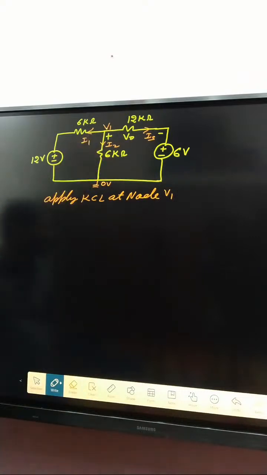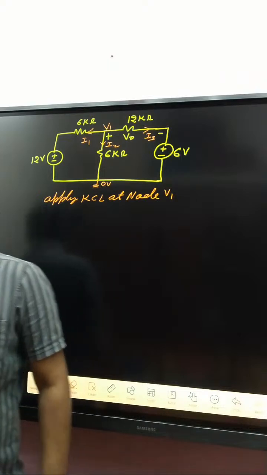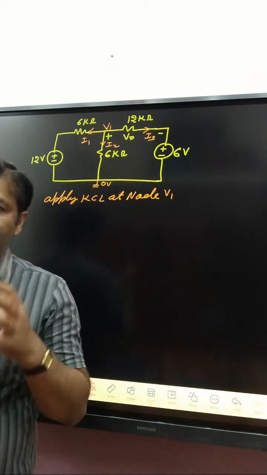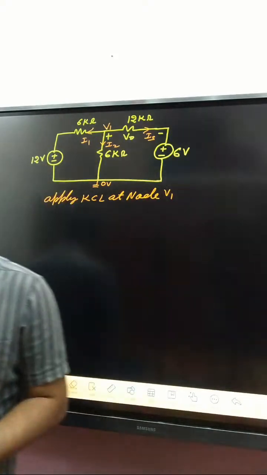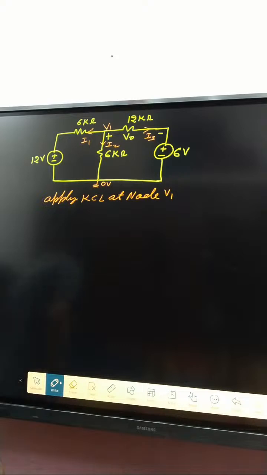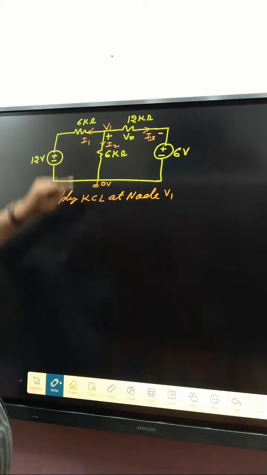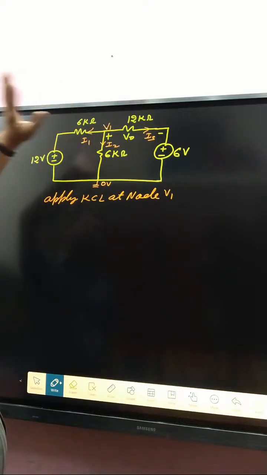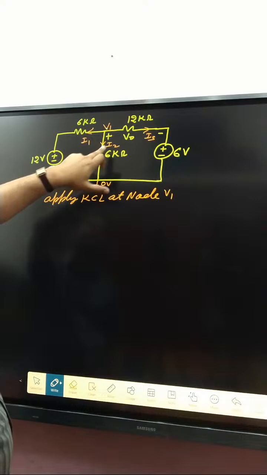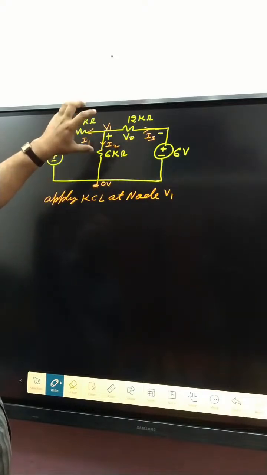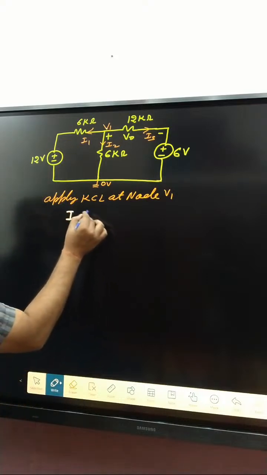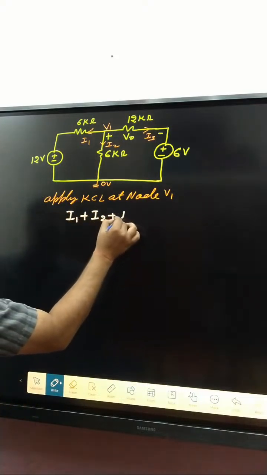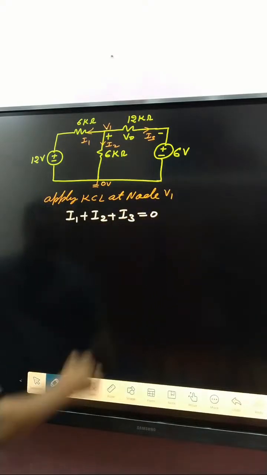KCL means the sum of incoming current is equal to the sum of outgoing current at that node. There is no incoming current, all currents are outgoing. So the sum of outgoing currents I1 plus I2 plus I3 is equal to the incoming current, which is 0. So I1 plus I2 plus I3 is equal to 0.